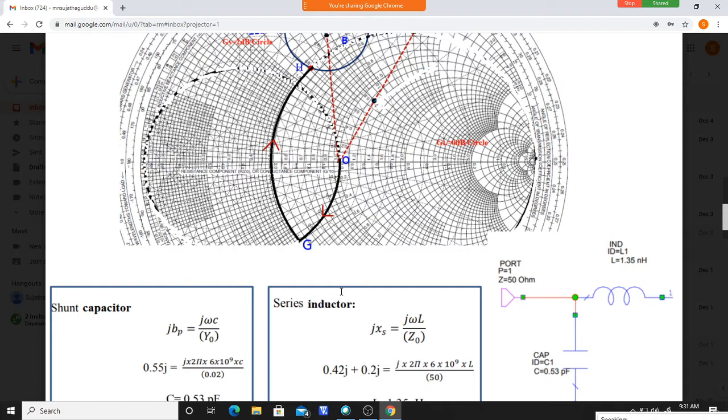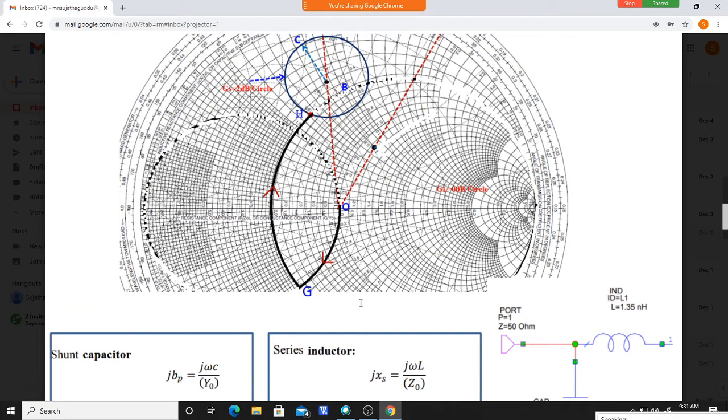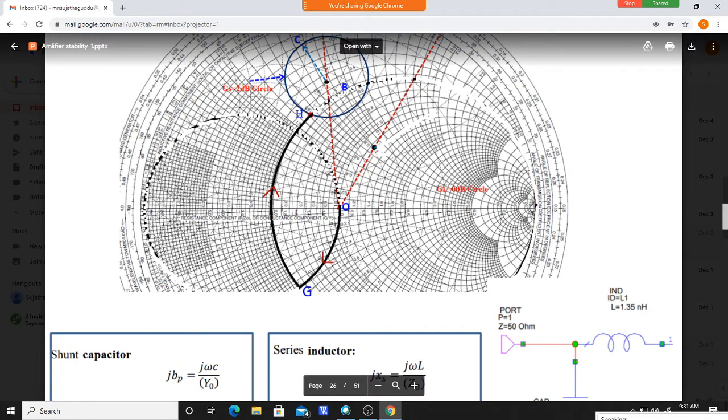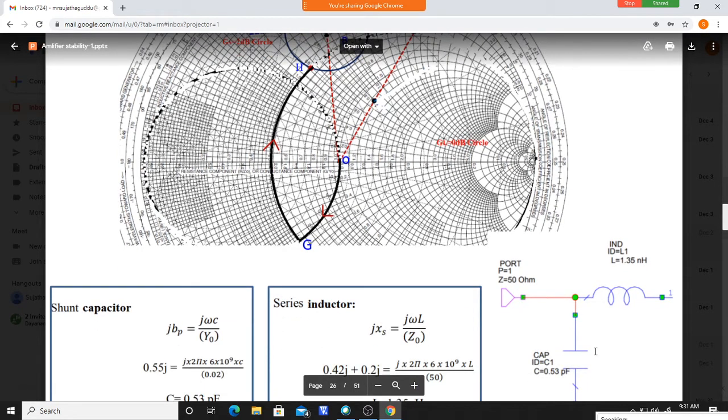amplifier design. In the amplifier design, you should first see the stability circles. Next, you should draw the gain circles. Then you should design this, and then your amplifier part will be complete. To design the amplifier, you should know how to design the impedance matching network. Only then can you complete your problem.